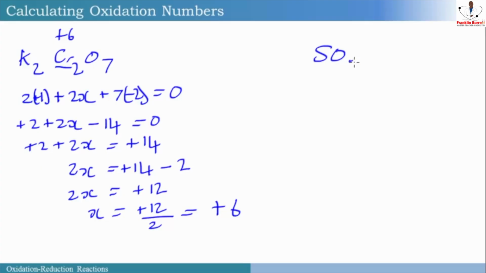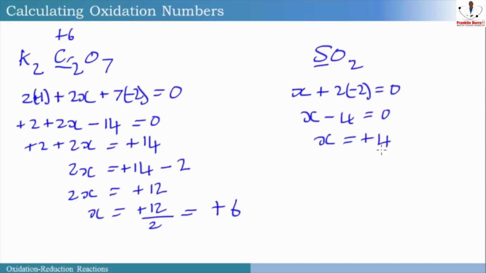Let's try SO2. And let's find S. In this case, X is our unknown, plus 2 times -2 equals 0. Therefore, X minus 4 equals 0. So X is equal to +4. And that's our charge on S. Let's do NH4+.